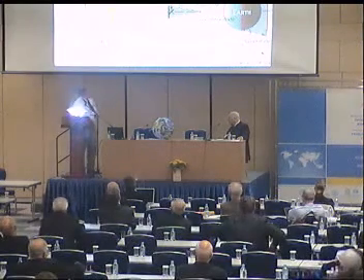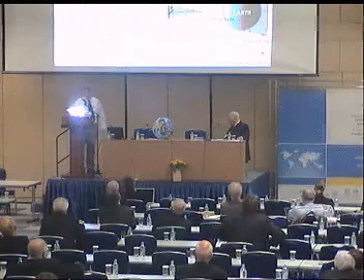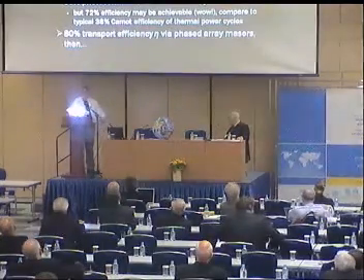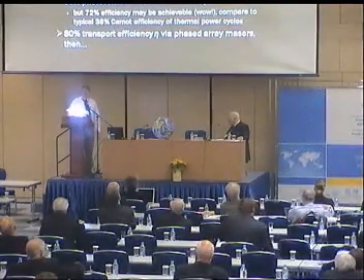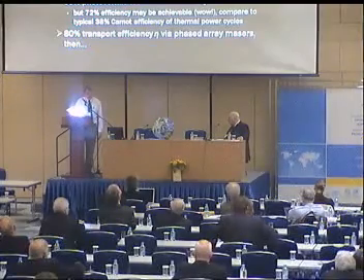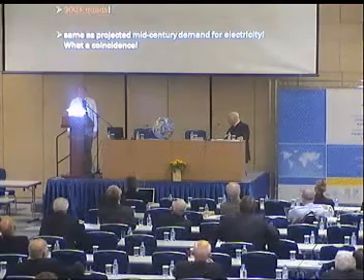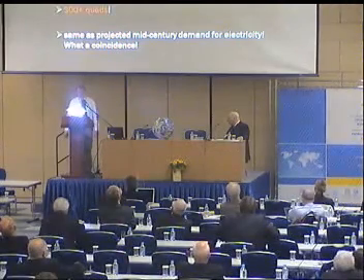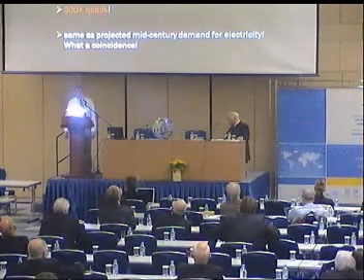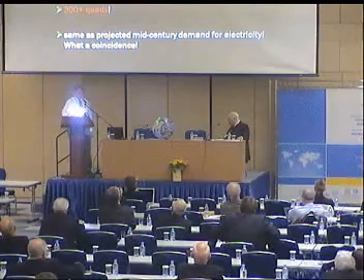Interestingly, with this kind of arrangement, if you go through the math, you get a production of 300 quads, which is more or less what we project for the electricity demand by mid-century.